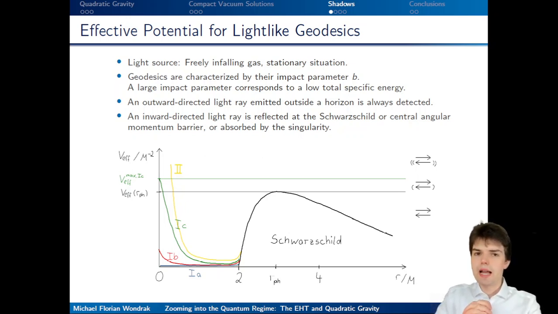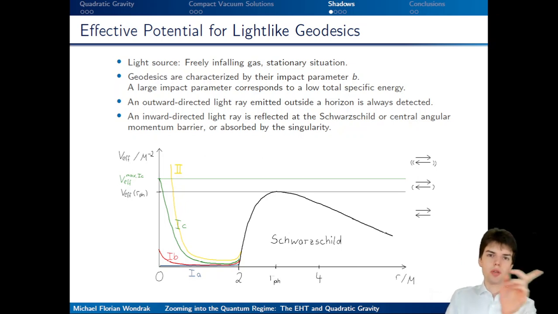If we have this gas, and this gas emits radiation, some of this radiation is outward directed. Outward directed radiation can come to the observer as long as it is emitted outside a potential horizon. Inward directed radiation, however, can only reach the observer at infinity if it is reflected somewhere in the center.